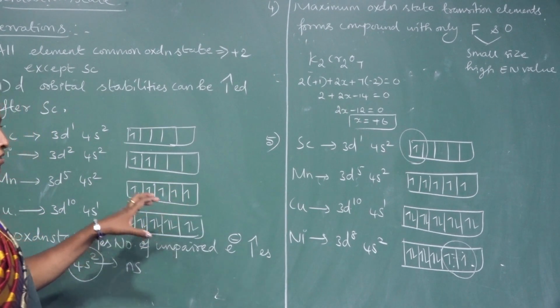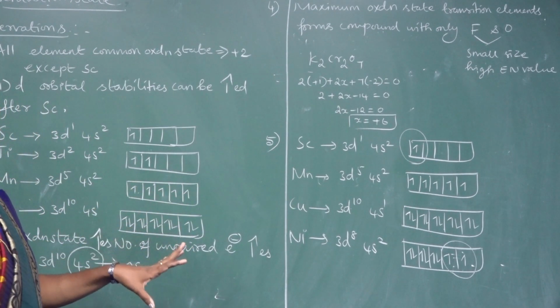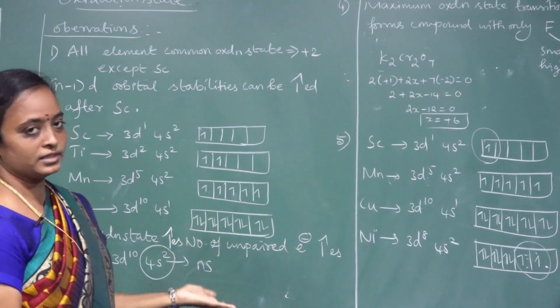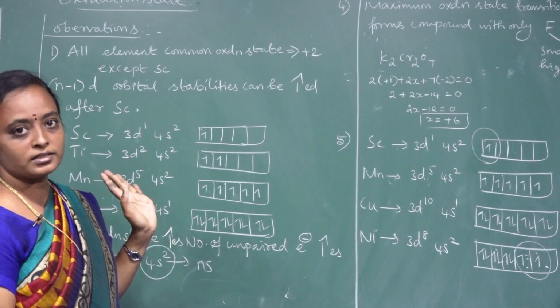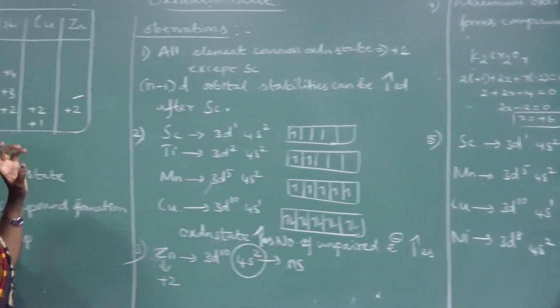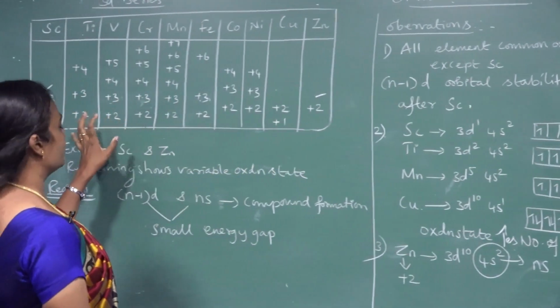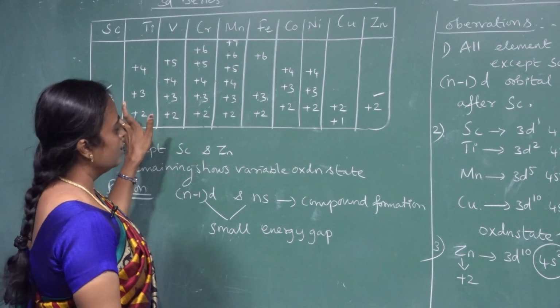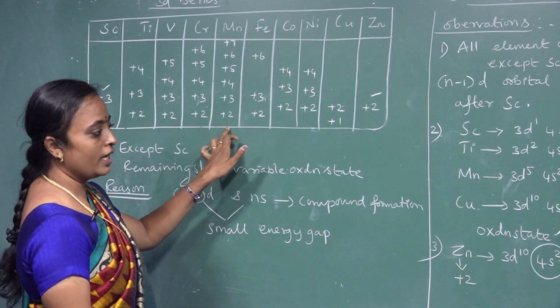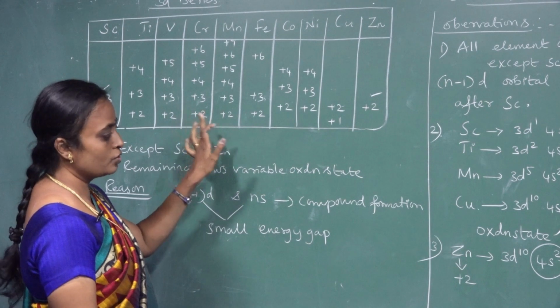When the number of available d electrons increases, the oxidation state also increases. So from scandium, the number of available electrons is only 1, so the oxidation state is less. In the middle, the availability is 5, so that should be more.